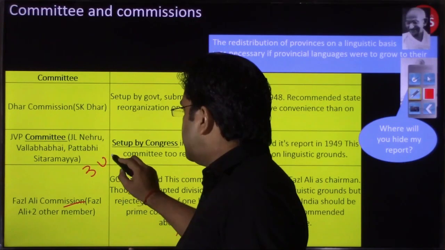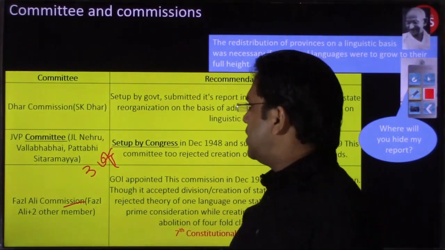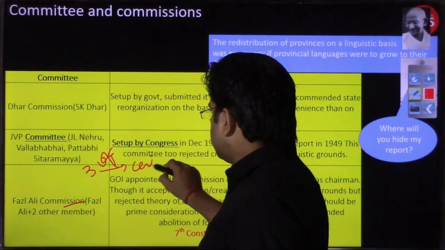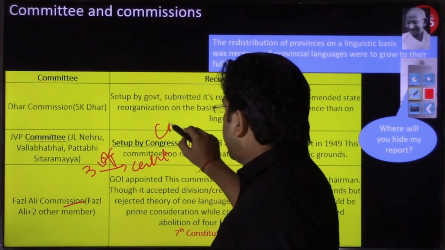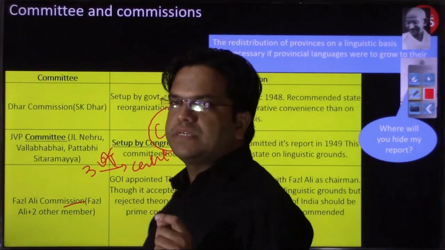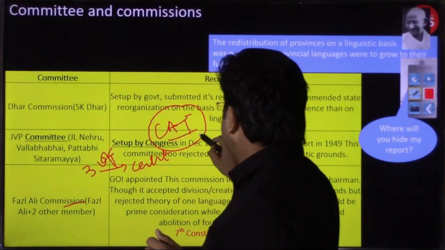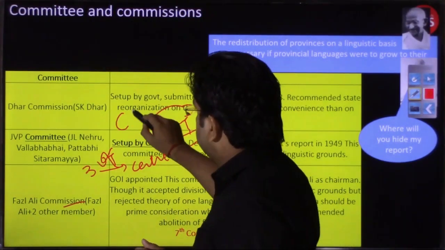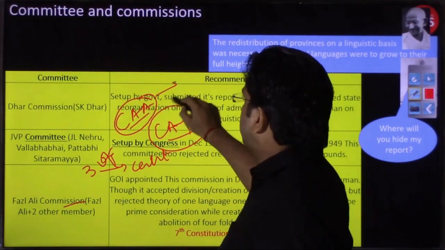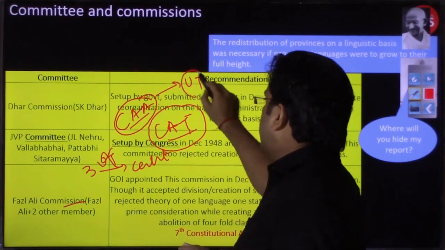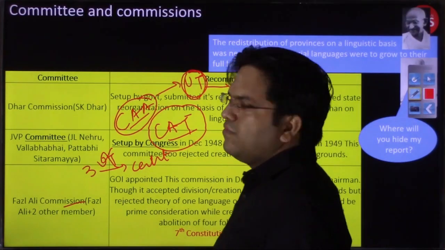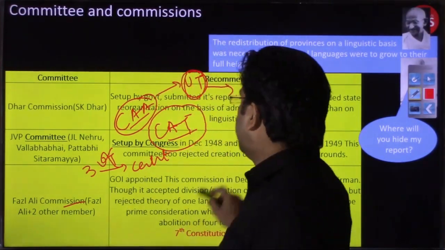No, UT had not been recommended. The word that was used in this Fazl Ali Commission was centrally administered area, CAA it can be called. But you will notice that this word was changed by the union, and in relation to the recommendation, the word union territory was introduced by the center or by the union in 1956.